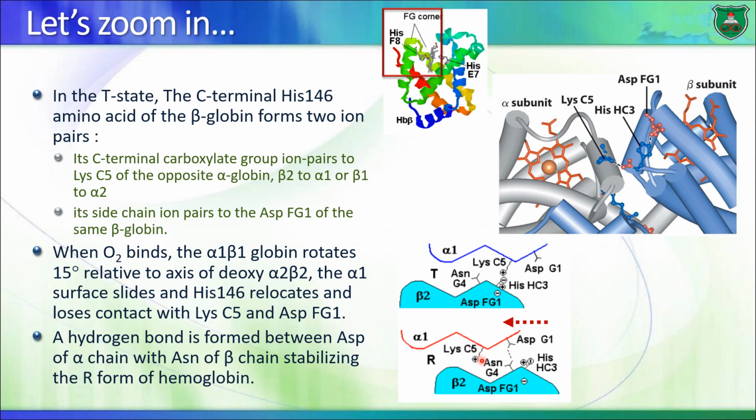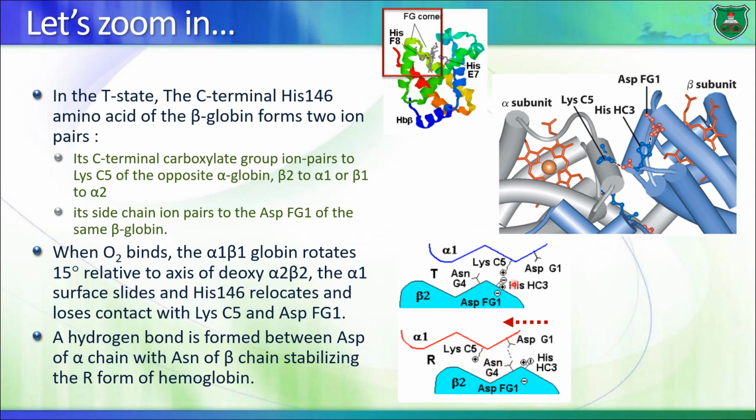And you also have a break in the interaction between the histidine and the aspartate within the same chain. Rather, you have formation of a hydrogen bond between an asparagine on the beta chain and an aspartate on the alpha 1 chain. So you have loss of electrostatic interactions and formation of a hydrogen bond.